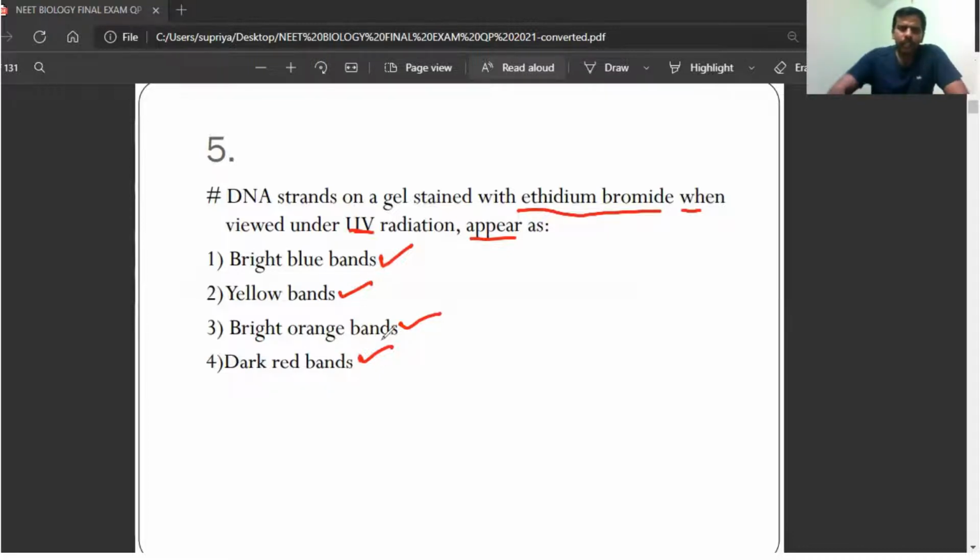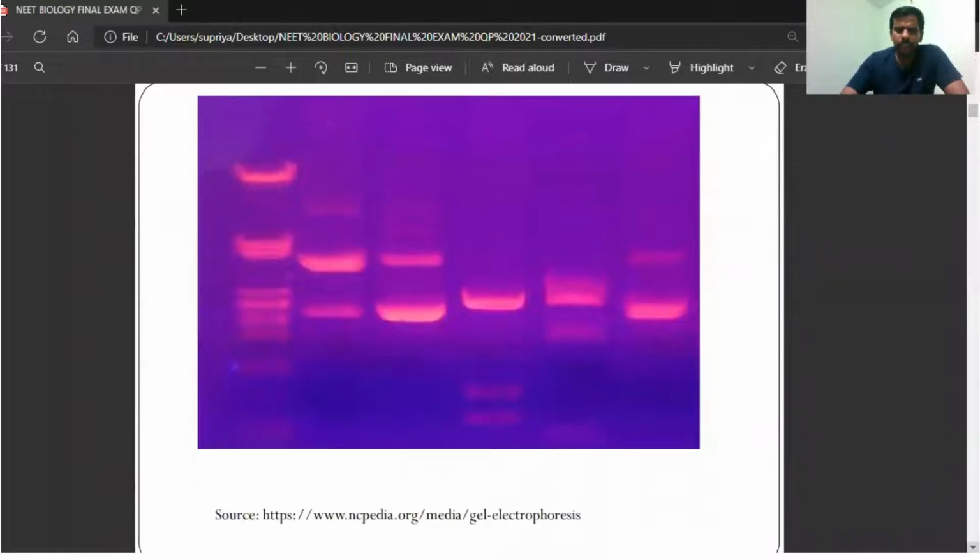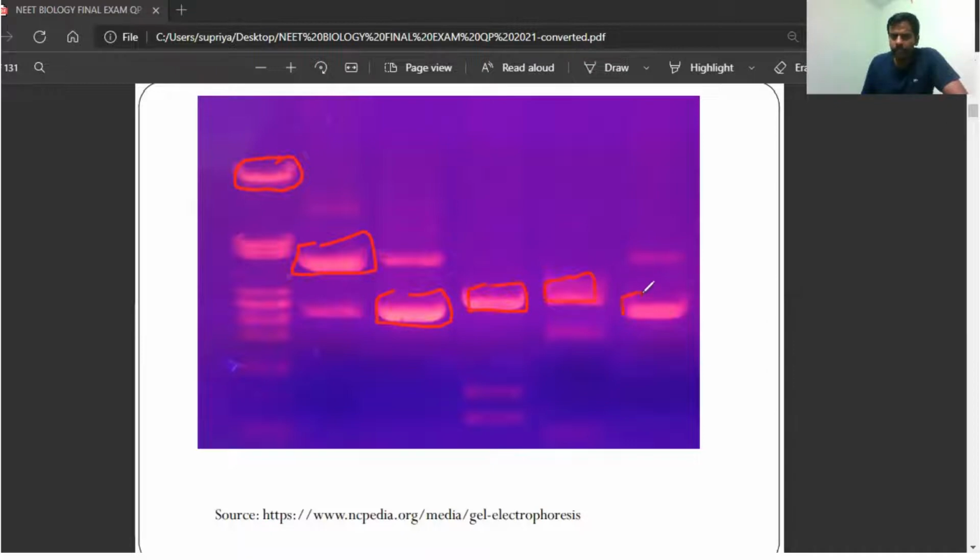Students, here actually when the ethidium bromide is stained with the DNA, it appears as bright orange bands. Now see the picture here. You see these bands which are visible here, the bright orange bands. This is a DNA band, right? So these DNA bands are stained with ethidium bromide.